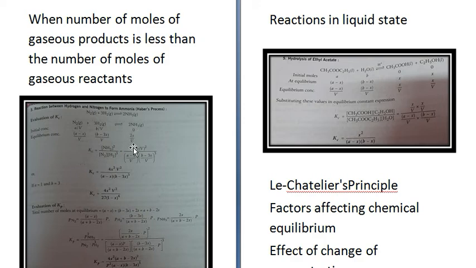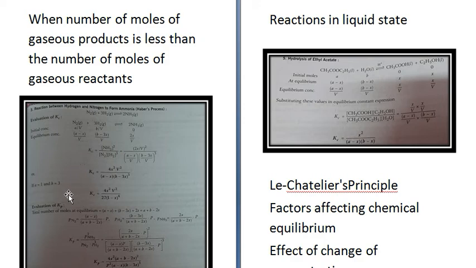Kc will become equal to [NH3] whole square divided by [N2] into [H2] cube. That becomes (2x upon V) whole square divided by (a minus x) upon V into (b minus 3x) upon V whole cube. So the Kc value comes to 4x square V square divided by (a minus x) into (b minus 3x) cube.